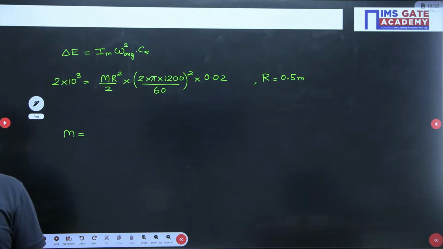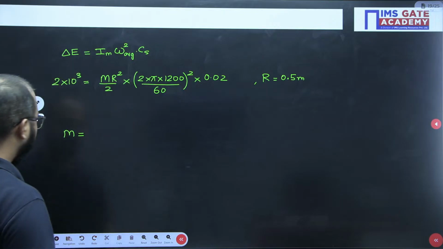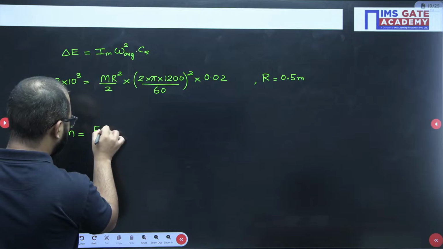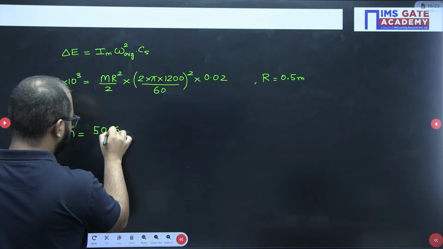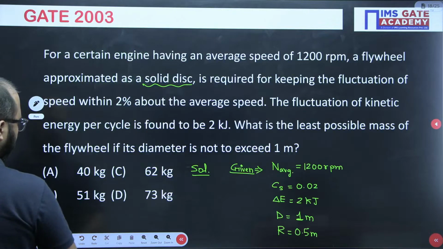What will be the answer here, everyone? Approximately 50.6, right? So you can cross check the data here. Whatever answer you are getting, please cross check it. So if I check here, option B will be the correct answer.